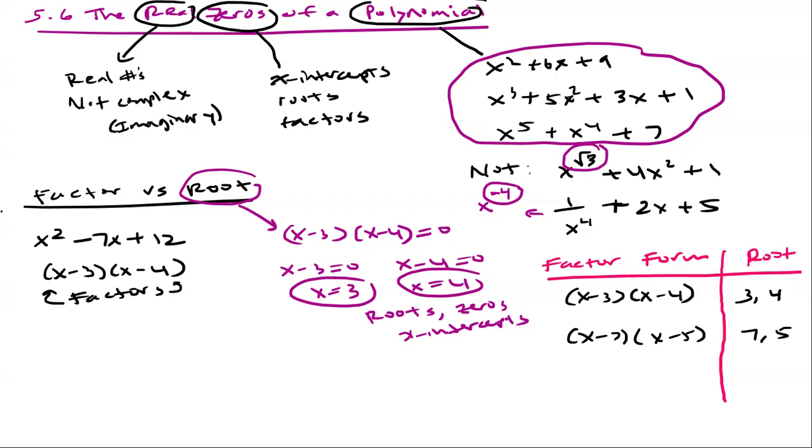What if we had x plus 2 and x minus 6? Well, the roots in this case would just be the opposite. So plus 2 would now be a negative 2, minus 6 would be a positive 6. So the roots will always be the opposite of whatever is in the factor. This was a negative 3, now this is a positive 3. This is a negative 4, this is a positive 4. So those are our roots.